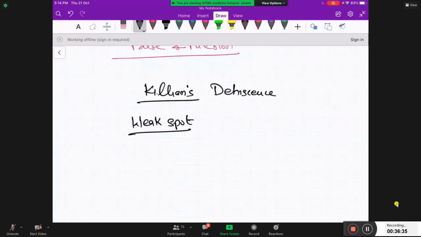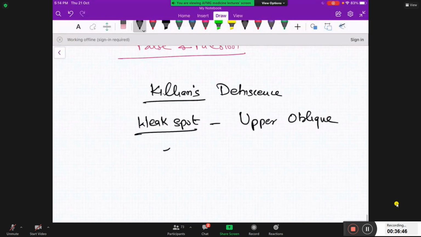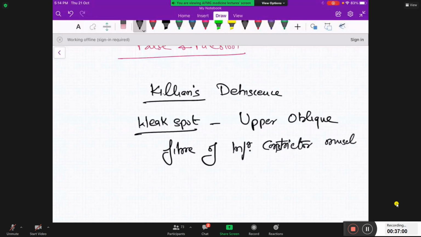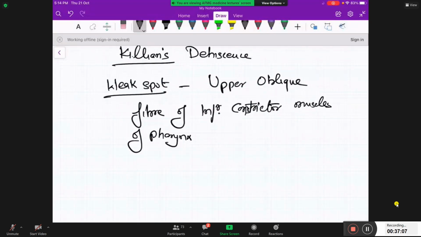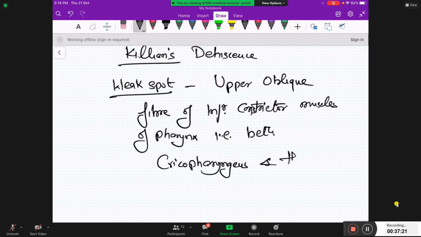It is a weak spot in the upper oblique fibers of the inferior constrictor muscles of pharynx, that is between the cricopharyngeus muscle and the thyropharyngeus muscle.